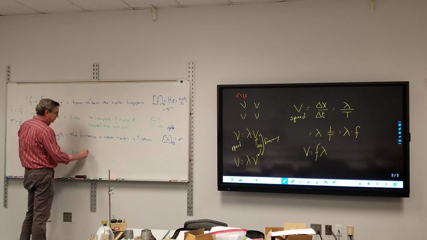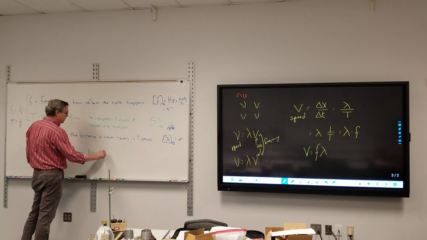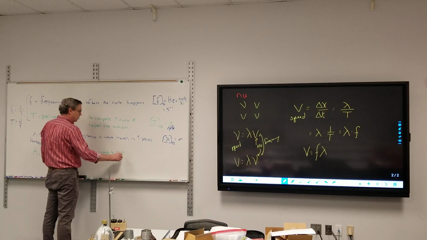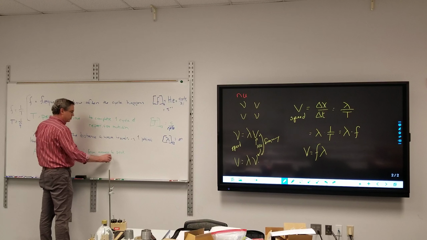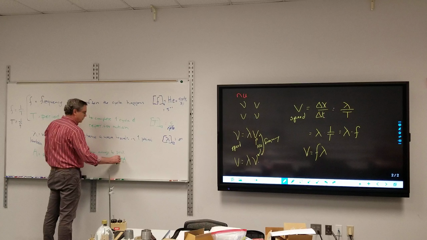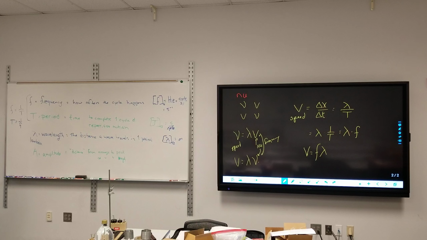So the distance from average to peak, or average to trough. Peak being the maximum amount, trough being the minimum amount. So I probably should have just said average to maximum, and average to minimum.